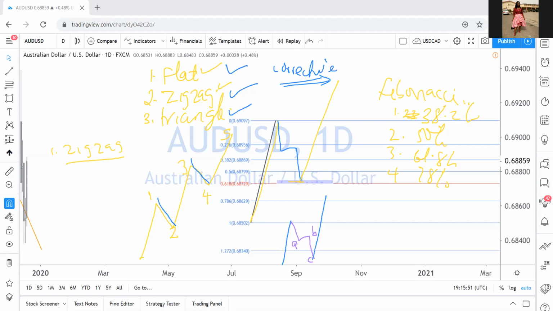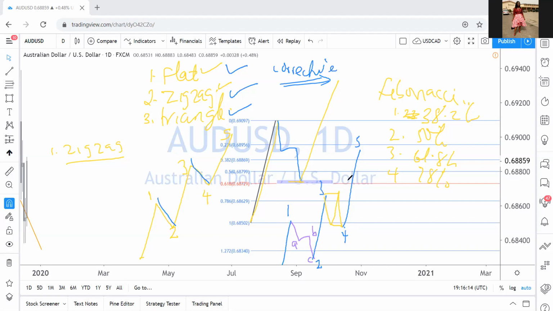And then wave 4 can now decide to come in the form of what? In the form of a flat. And then what happens? Wave 5 will now proceed to the upside. Can you see? This is wave 1, wave 2, wave 3, wave 4, wave 5. Can we see it now?